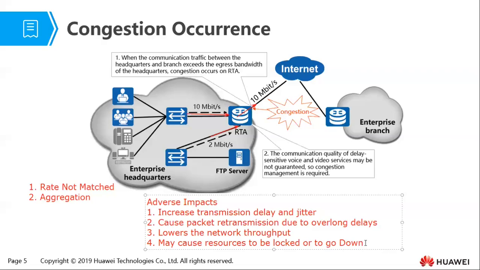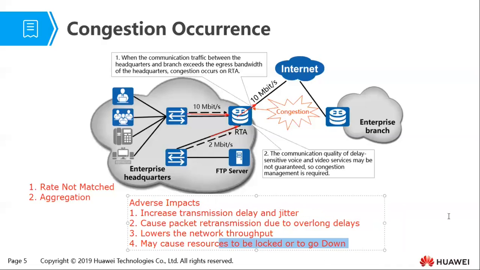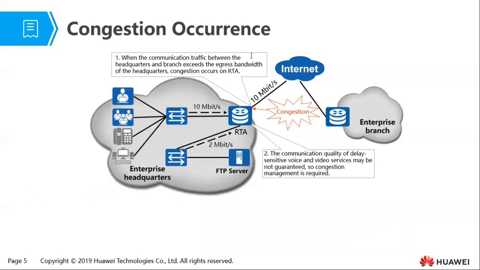For example, for network protocols, when we have overlong delays, it will cause route flapping, recalculation, and so forth. So really, congestion is not something you can tolerate within your network, because it can lead to performance deterioration.